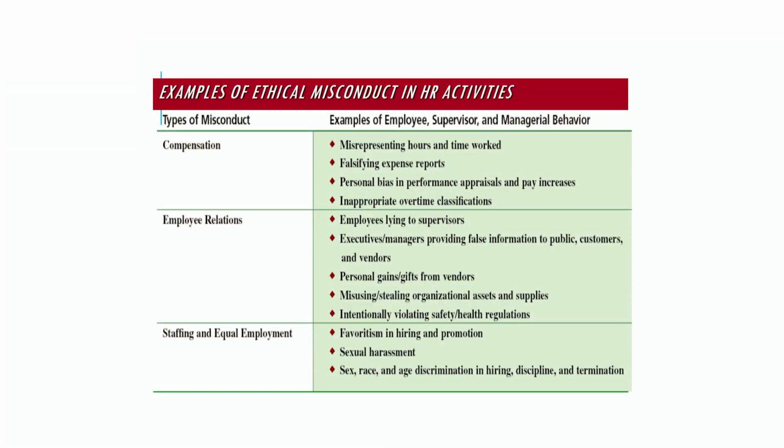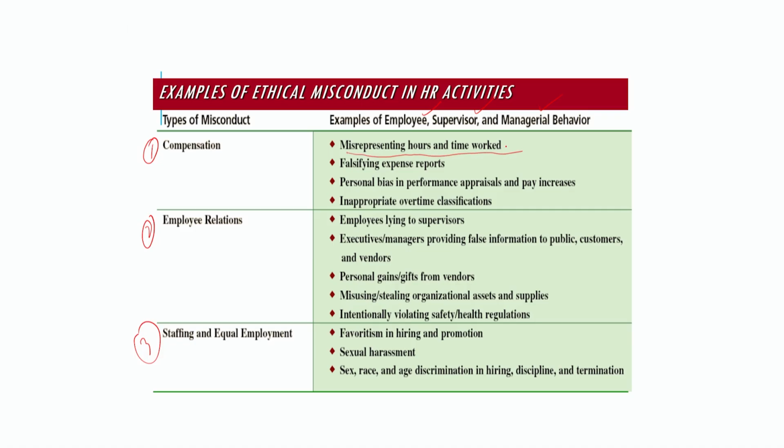Some examples of ethical misconduct in HR activities. Examples of employees', supervisors' and managers' behavior with respect to certain activities. Here the activities are compensation, employee relations, staffing and equal opportunity. The misconduct, for example in compensation, is misrepresenting hours and time worked.